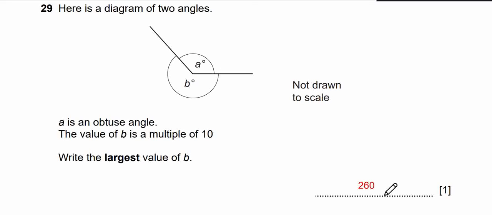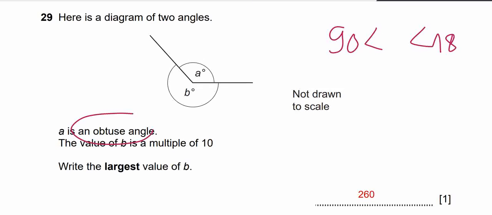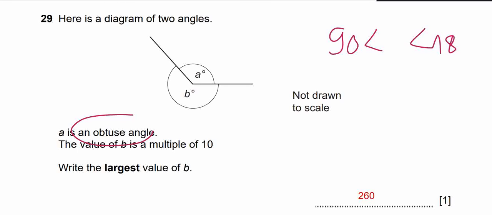Here we go, it is 260, the largest value of B. Since A is an obtuse angle, it is greater than 90 and smaller than 180. So to get the largest value of B, we have to take the smallest value of A possible.